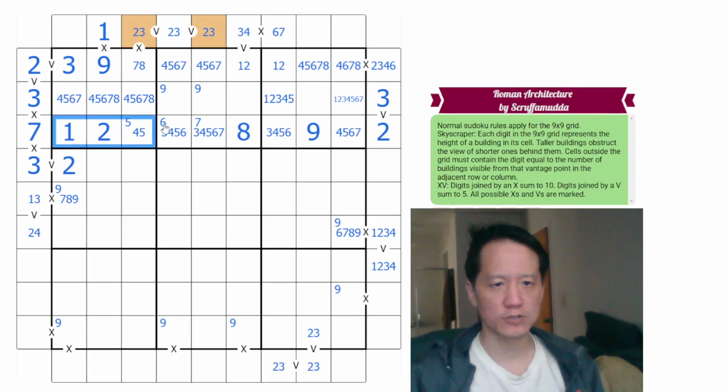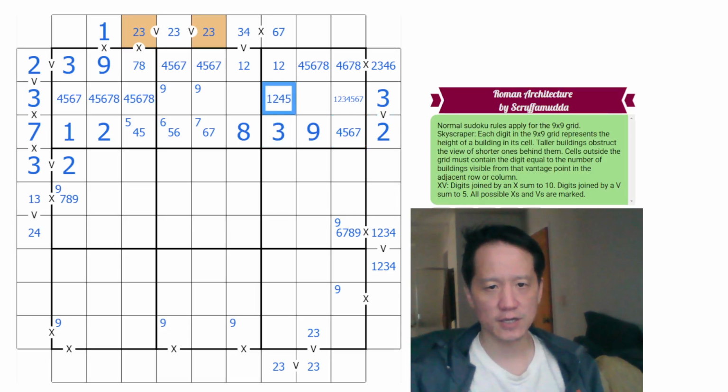So it sees 1, 2, 3, 4, 5, 6, 7. So this has to be greater than 3 or 4. This has to be greater than, this is, yeah. So 3 cannot be here because that would add up to 5. So this must be a 3, which means this can't be 3.